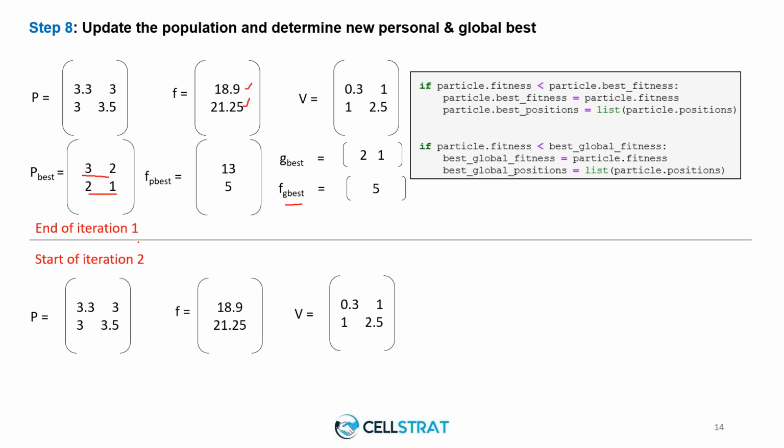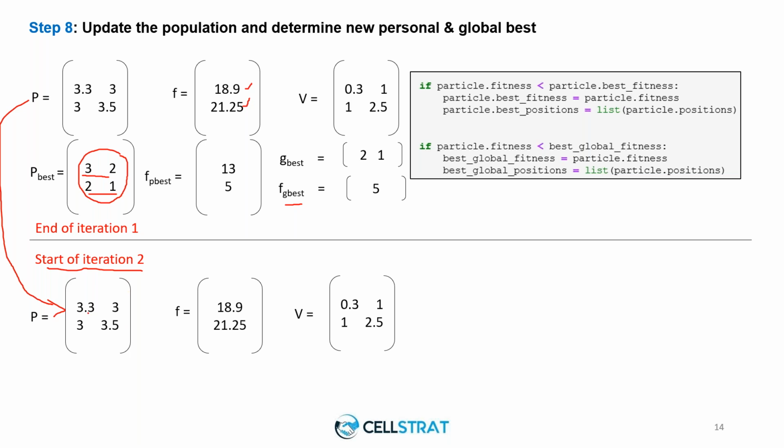One important thing to notice here is that when you start the second iteration, you start with the new positions. You won't be starting with the p best. This might be slightly different from the genetic algorithms you have seen previously, where the concept of best fit comes into play, and the best are incorporated into the population.